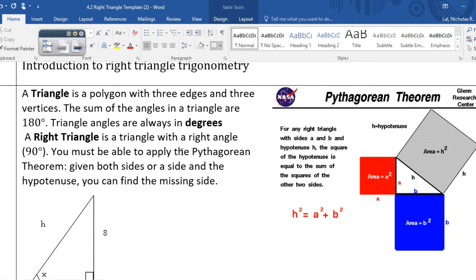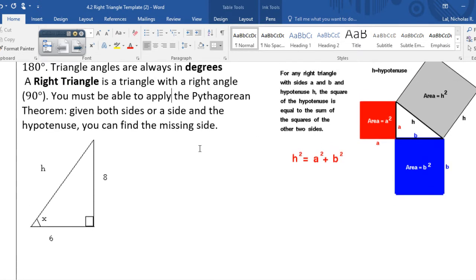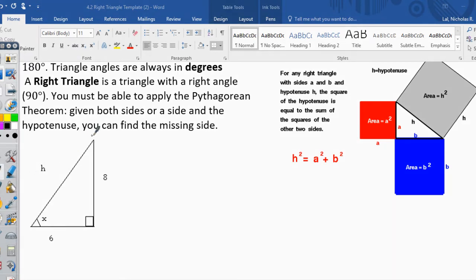So the Pythagorean theorem: a squared plus b squared is equal to hypotenuse squared. How would we apply the Pythagorean theorem to find h for this triangle? What's the process?